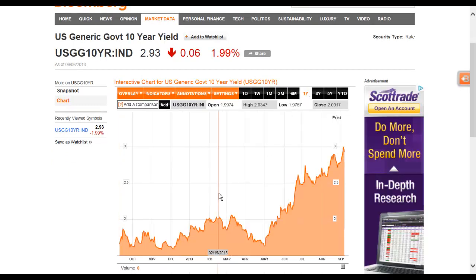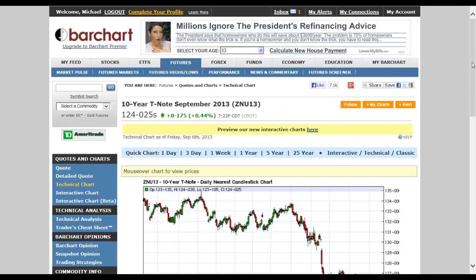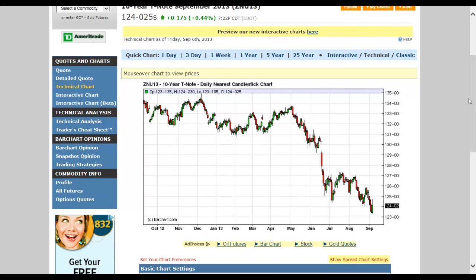What we have here is the fluctuations of the actual yield of the 10-year treasury market. Now watch what happens. Let's go back to that 10-year T-note chart. Price made a high here in April, and then going into May, we made a higher high.